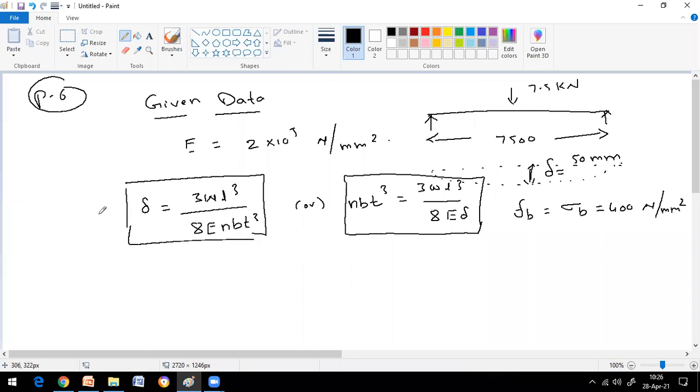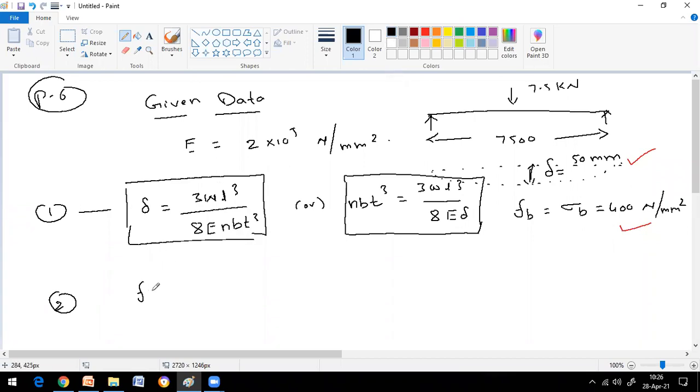This is the first formula. And the second formula which we need to calculate is based on the bending, because there are two parameters given. One is the deflection parameter, the other is the bending stress parameter. This formula is related to deflection, and the other formula which I am going to write now is based on the bending stress.